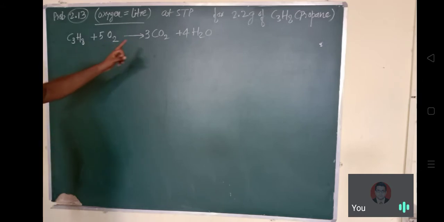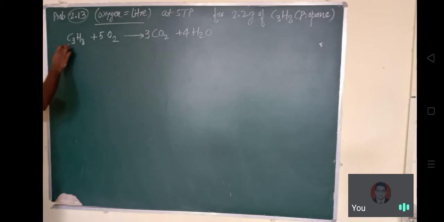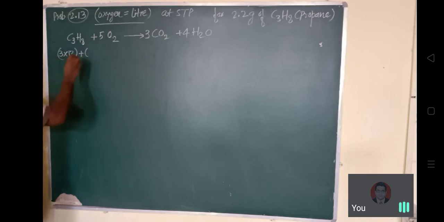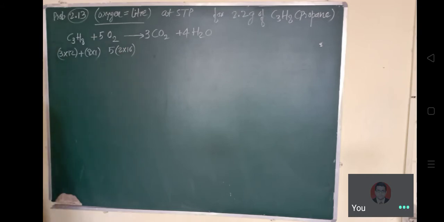When 2.2 grams of C3H8, that is propane, is taken, we'll first find out, for this given reaction, how much is the mass. So 3 atoms of carbon multiplied by 12, plus a total of 8 atoms of hydrogen, so we will directly write 8 into 1. Now 5 multiplied by oxygen, 2 atoms are there, so 2 multiplied by 16.